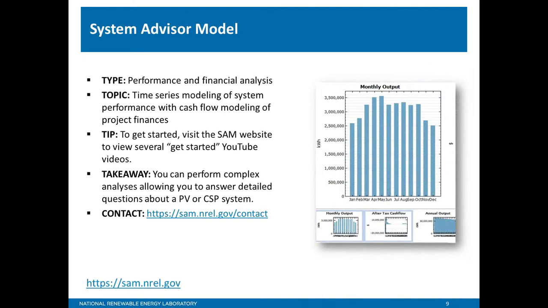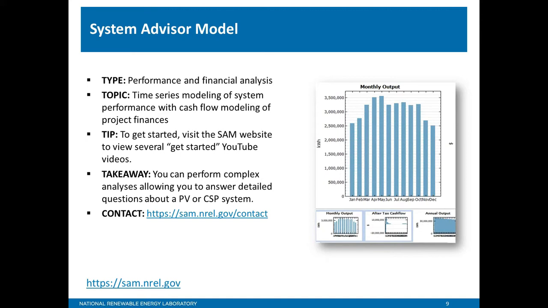Okay, so moving on to the next solar tool, let's talk about the System Advisor Model, or SAM. So SAM is a performance and financial model with the goal of helping people in the solar industry to make informed decisions. This is a free computer program that calculates a renewable energy system's hourly energy output over a single year and calculates the cost of energy for a renewable energy project over the life of the project.